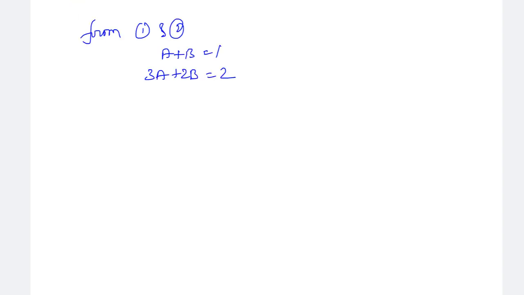So here we will get a plus b equal to 1, and 3a plus 2b equal to 2. Here we cannot cancel any term, so we have to multiply the first equation by 2.